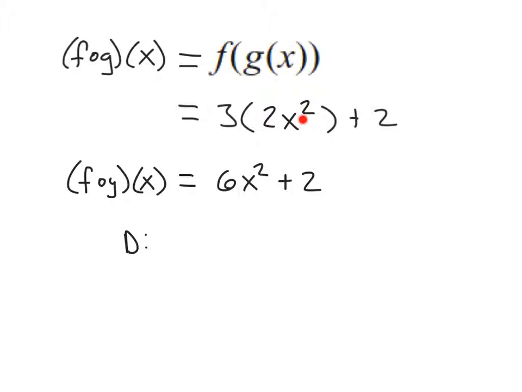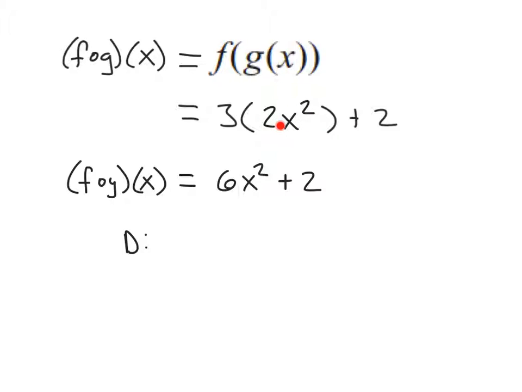I get 0. 0 squared is 0 times 2 is 0. What if I plug in a negative number? I get a positive number, because I take a negative number squared, I get positive, and then times 2 is still positive. So really, the range, the output of this equation is going to be from 0 to infinity, right? It's all 0 and then all positive numbers.